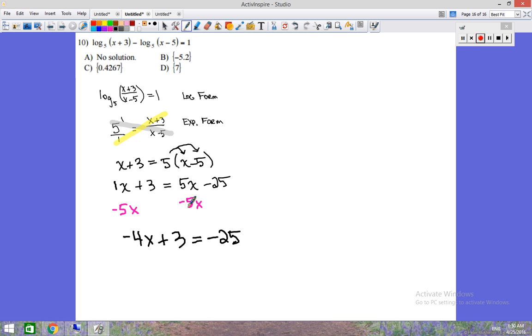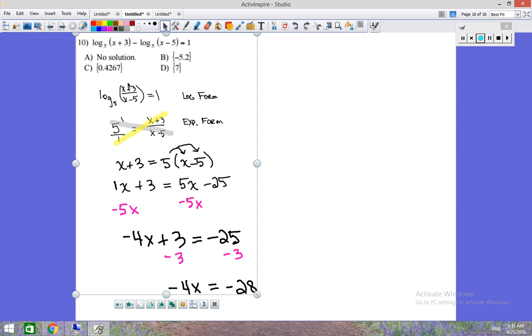I subtracted 5x. I suppose I could have subtracted 1x from both sides to avoid that negative value, but that shouldn't bother anybody. Let's subtract 3 from both sides. Three minus 3 just gives me 0, and when you add 0, you get the identical thing back. Negative 25 minus the 3 is negative 28.